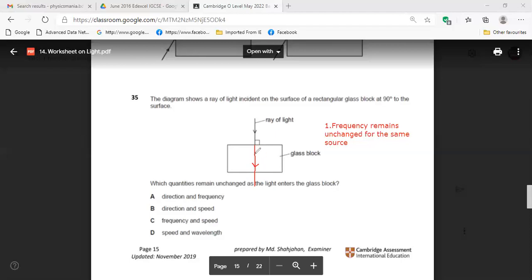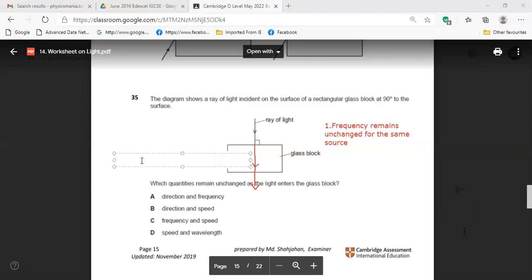Like here is the glass block, right? So in this glass block, when it comes, its speed decreases, right? Again, when it is going to air, then speed increases, right? So also you write this related information. I am writing all the related information here.